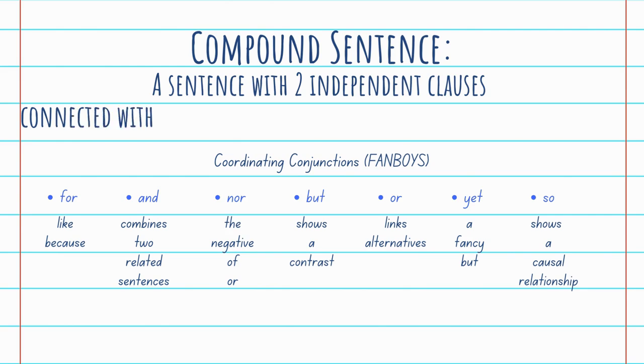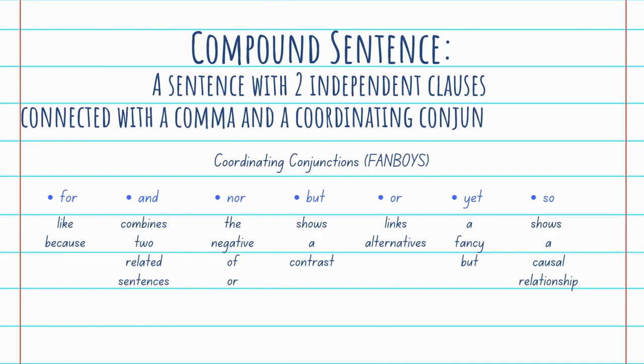So each of these 7 FANBOYS, and there are only 7 coordinating conjunctions, unlike the much higher number of subordinating conjunctions, only 7 held within the acronym FANBOYS. This is definitely something that I would suggest that you commit to memory. For, and, nor, but, or, yet, so.